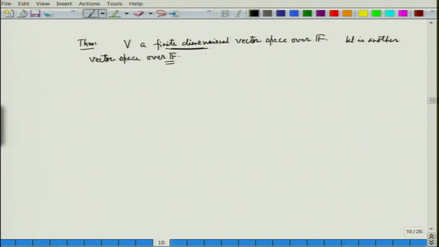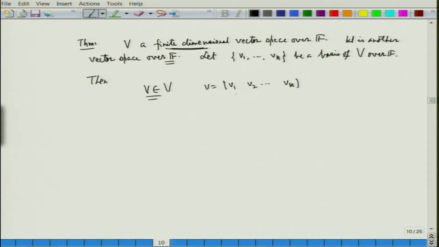Let V1 to Vk be a basis of V over F. Then I can take any V belonging to capital V and write V as alpha 1 V1 plus alpha 2 V2 up to alpha k Vk, with scalars alpha 1, alpha 2, alpha k.